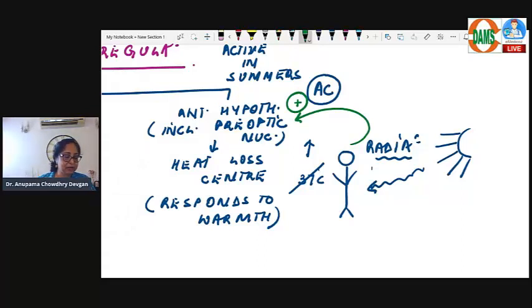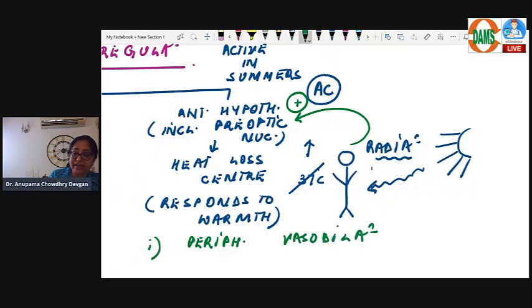Now how do we lose heat during this time? The first response is peripheral vasodilation. Whenever there is an increase in the body temperature, peripheral vasodilation, isn't it?